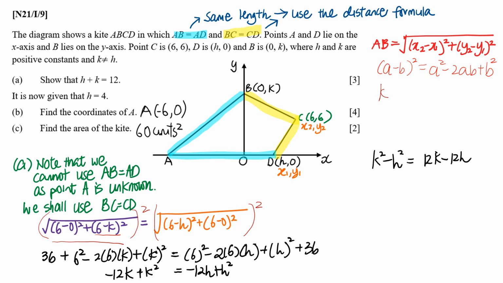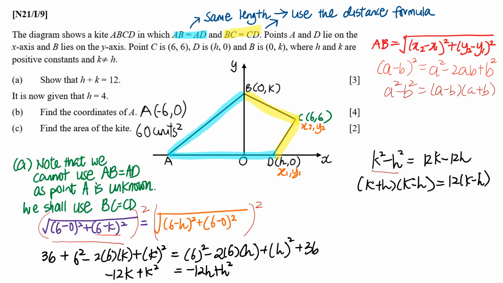It's again one of the algebraic identities you've learned earlier on, a squared minus b squared, which gives you a minus b times a plus b. So your k squared minus h squared can be factorized to be k plus h times k minus h. And that has a common factor of 12, which you can just factorize.